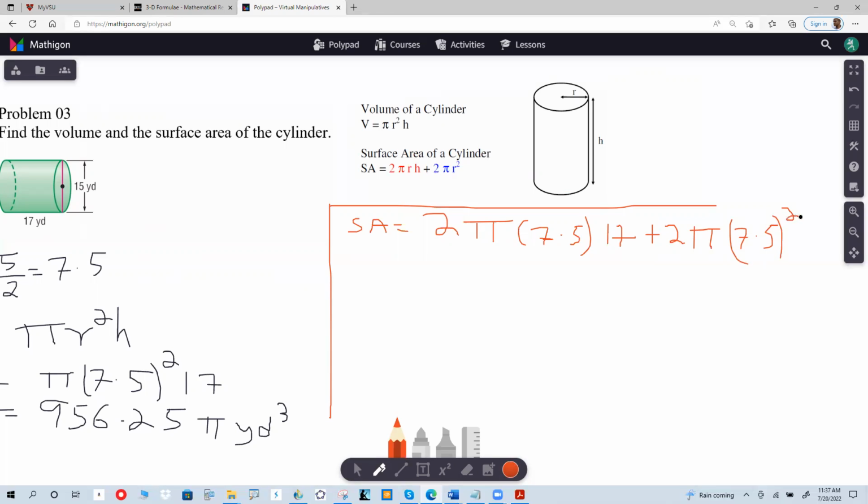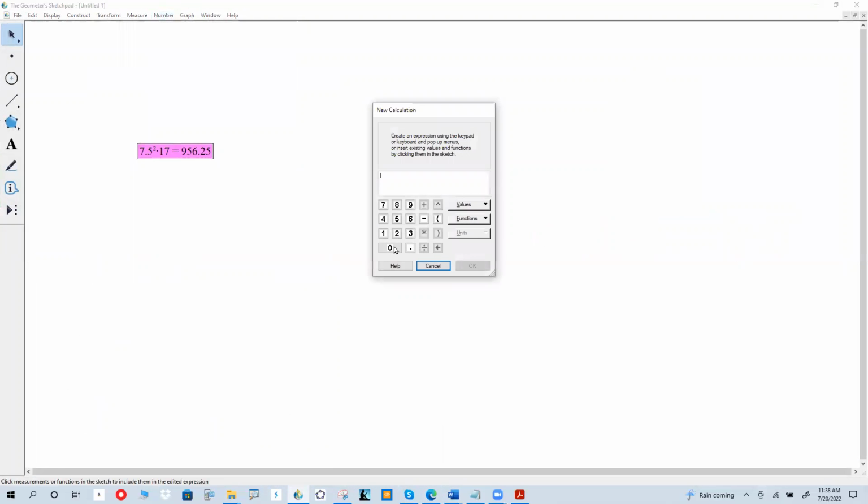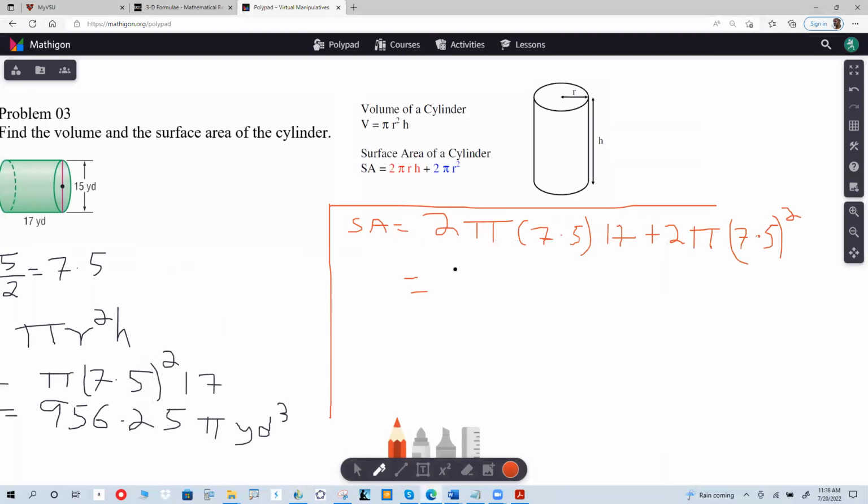Because that's what the formula says. Now, I'm going to multiply 2 by 7.5 by 17 using my calculator. I'm getting 255. I'm going to write 255 pi here. I'm going to go back to my calculator and multiply 7.5 squared times 2.